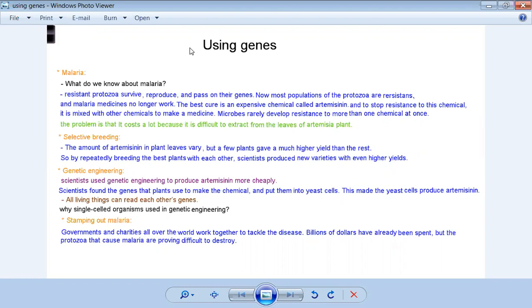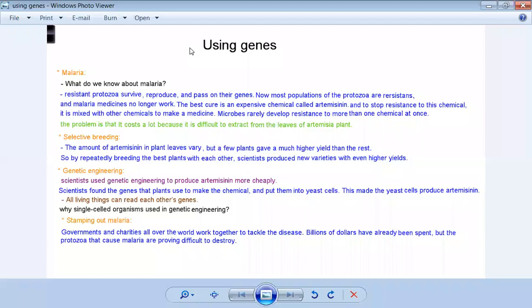Also, to make the artemisinin work against the disease, so that the protozoa cannot develop another resistance against this artemisinin, they need to mix it with another chemical to make this medicine, okay? In this case, microbes rarely develop resistance to more than one chemical at once.